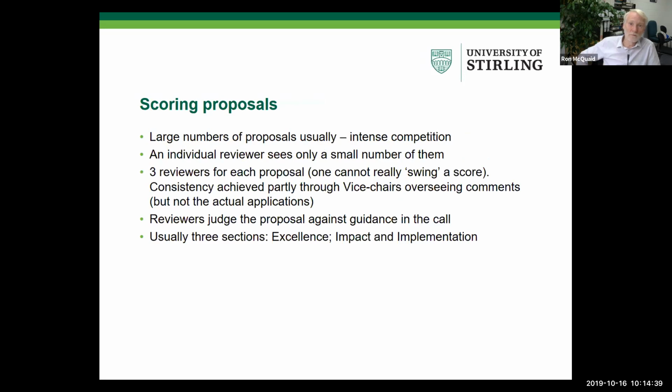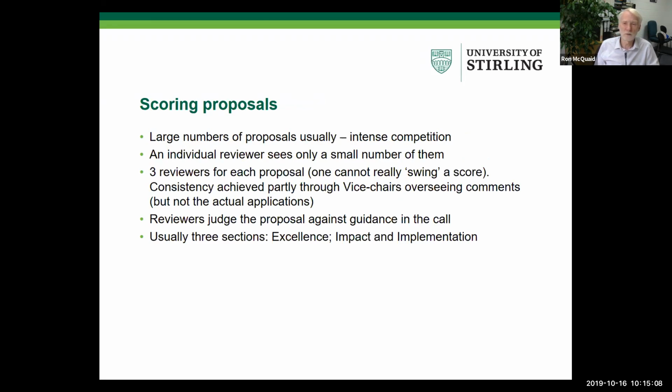When you score an evaluation, there's a large number of proposals, and usually any single evaluator will only see a small percentage of them. There might be 100 and you might see 10 or less or more. But for each proposal, there are normally 3 evaluators, so one single reviewer can't really swing the score.